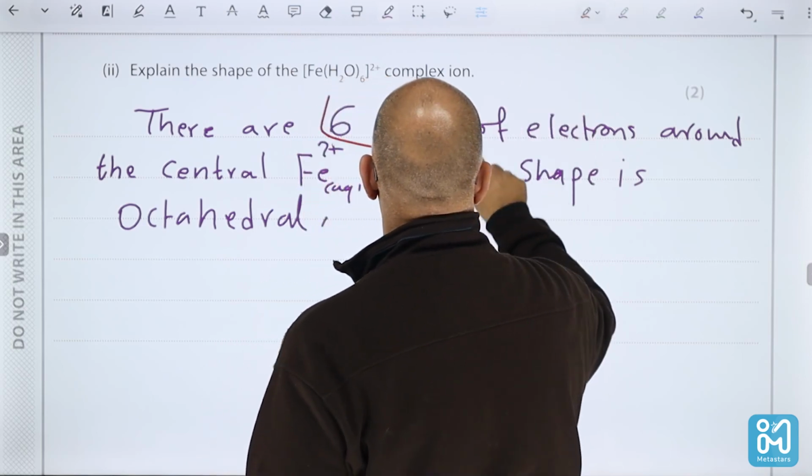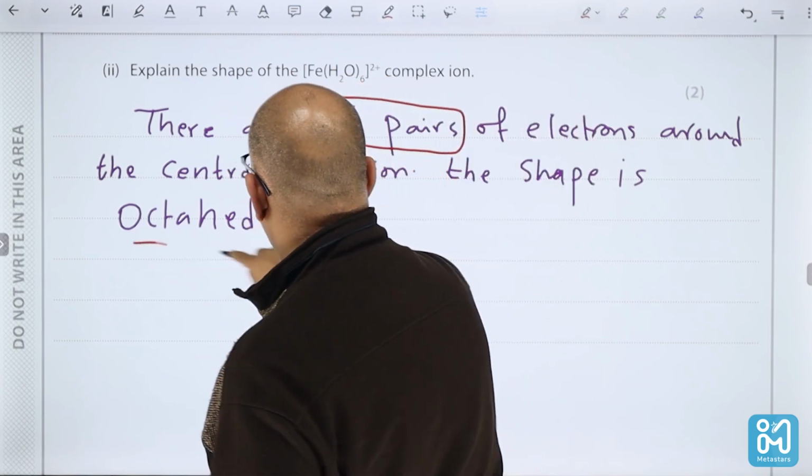You can see there are 6 pairs of electrons. It's octahedral.